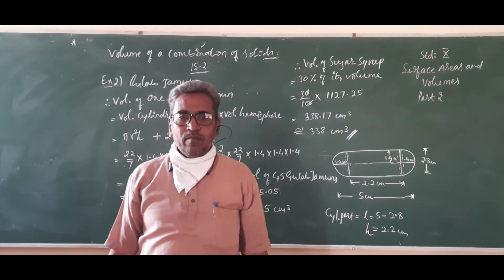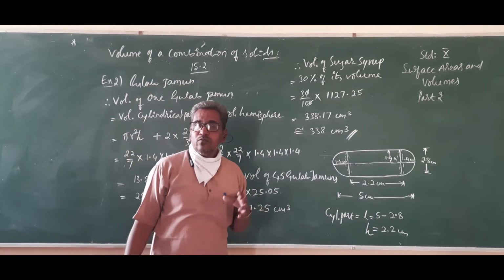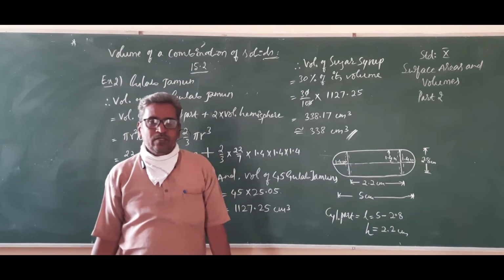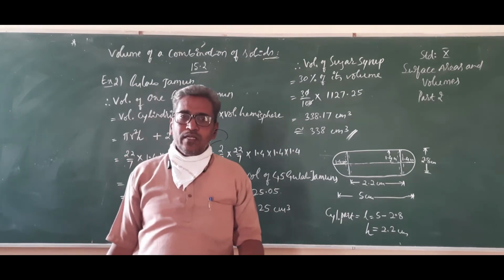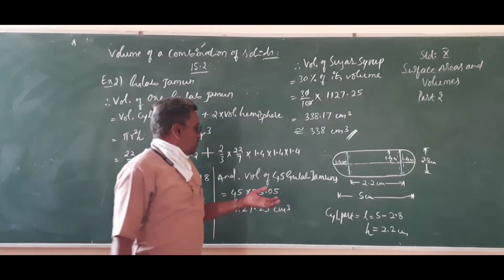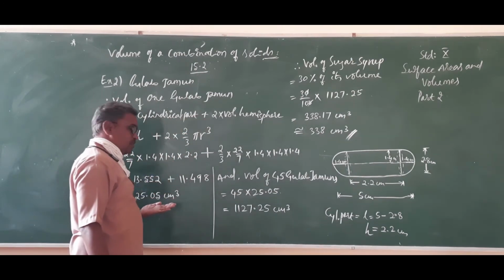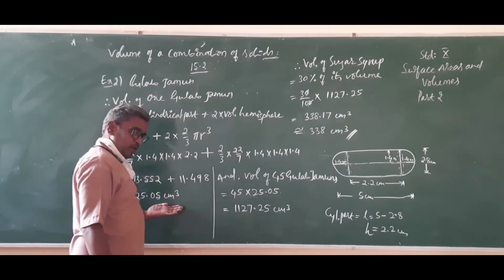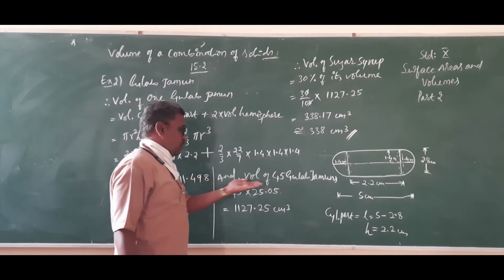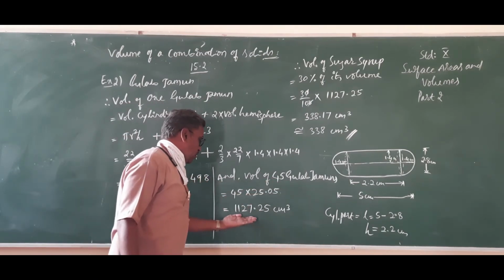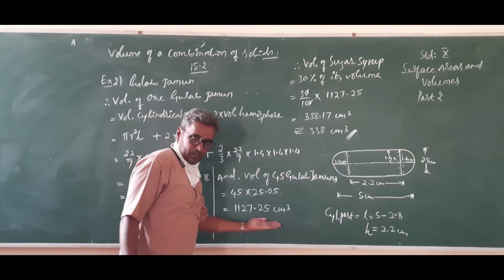This is contained by 45 gulab jamuns. Volume of one gulab jamun is 25.05. Volume of 45 gulab jamuns is 1127.25 centimeter cube.